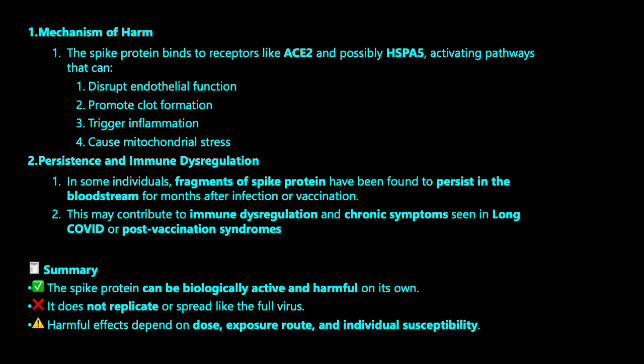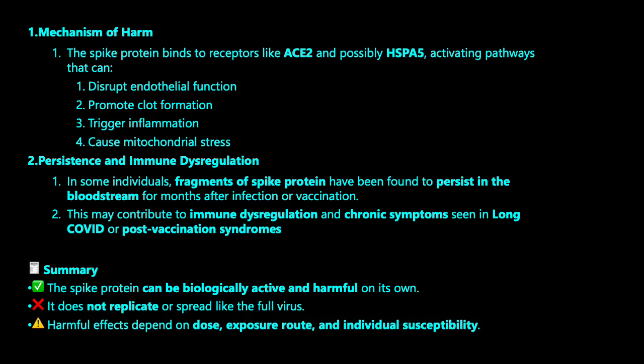It promotes clot formation. Okay, this is also very commonly seen lately. There is blood clot from nowhere, especially if it happens in the head, it becomes a stroke, and it triggers inflammation for no reason and causes mitochondrial stress. So this mitochondrial stress makes you feel very weak, very sick, and no energy, and a lot of fatigue problems. Okay, persistence and immune dysregulation. Okay, in some individuals, fragments of spike protein have been found to persist in the bloodstream for months after injection or vaccination.